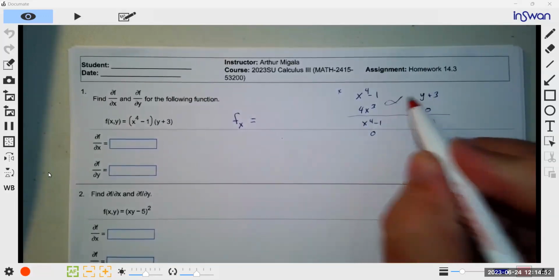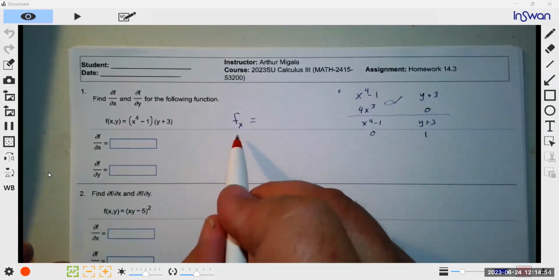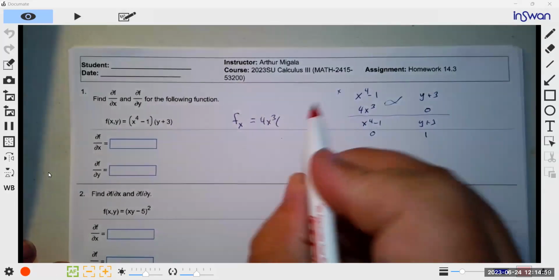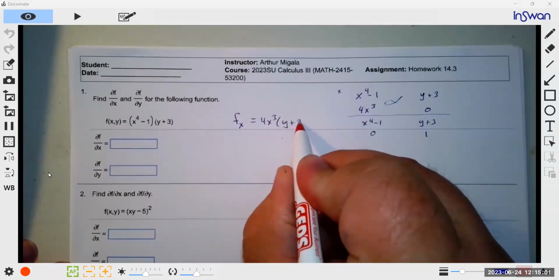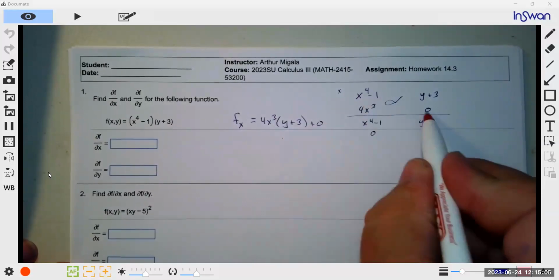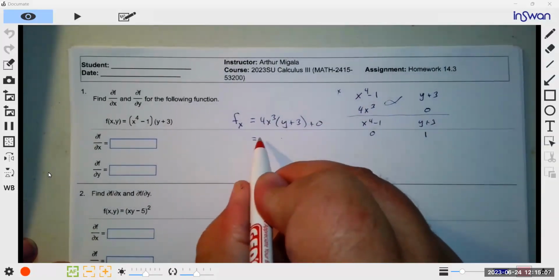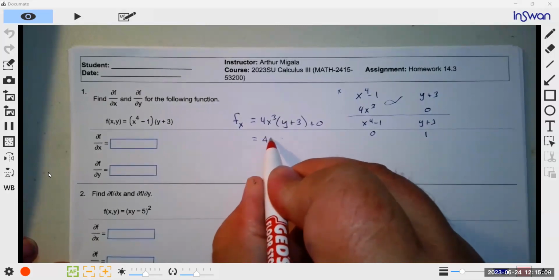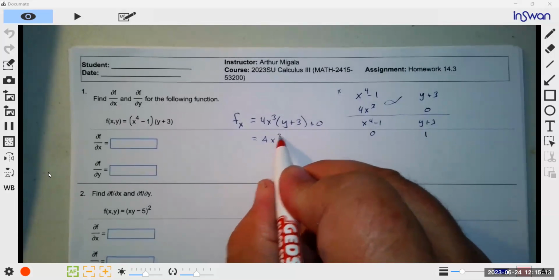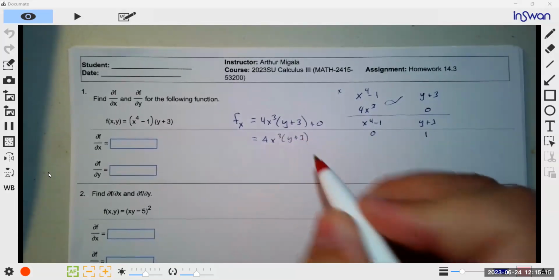Since it's a product, for the x, we have 4x cubed times y plus 3 plus 0. Those are 0. So we have 4x cubed (y plus 3).